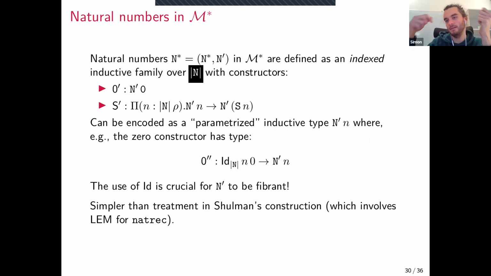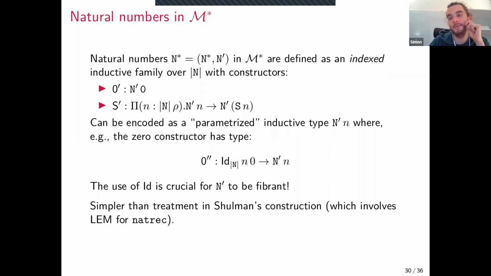It has two constructors: I have a proof that 0 is computable, and given that n is computable, I have a witness that successor of n is computable.